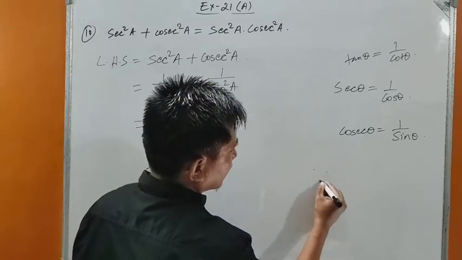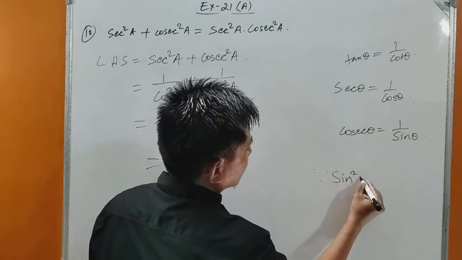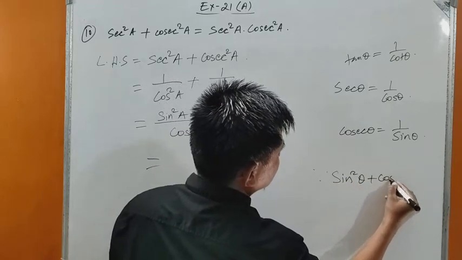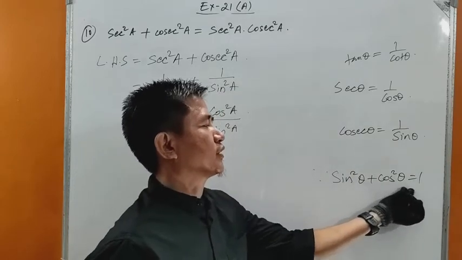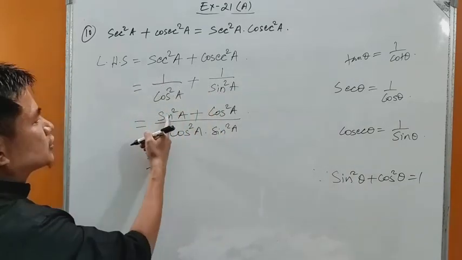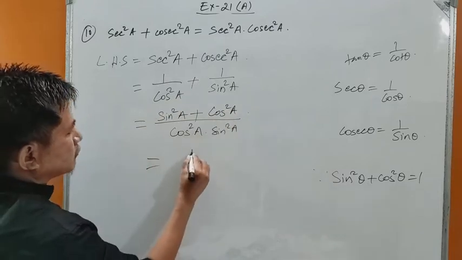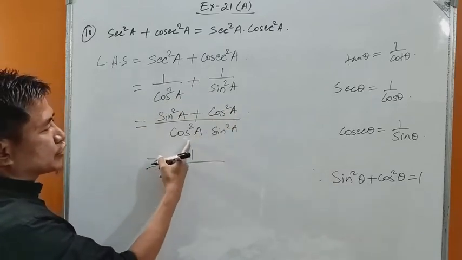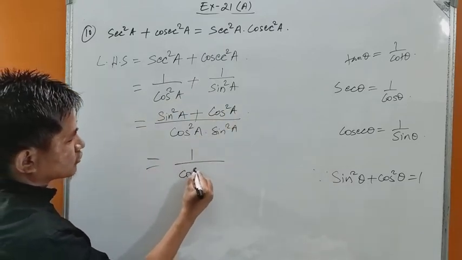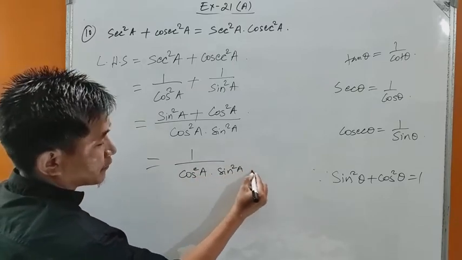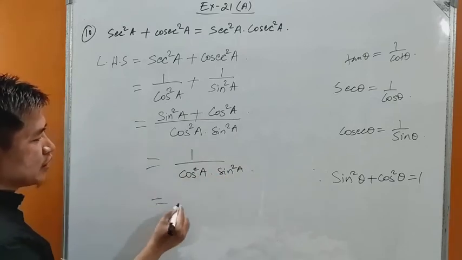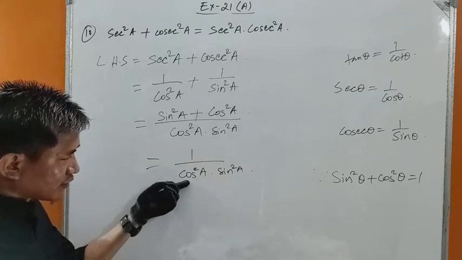We know the formula: sin square theta plus cos square theta equals 1, isn't it? That means sin square A plus cos square A equals 1. So in the denominator we have cos square A into sin square A. Are you getting me? I hope so. Now let us take this cos square A to the numerator.